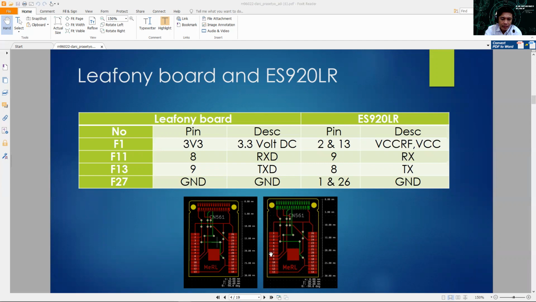And this is designed in our laboratory. And the voltage is 3.3 volt DC from Leafony to ES920LR, and we use 2 pins for RX and TX. Use pin 8 and pin 9.